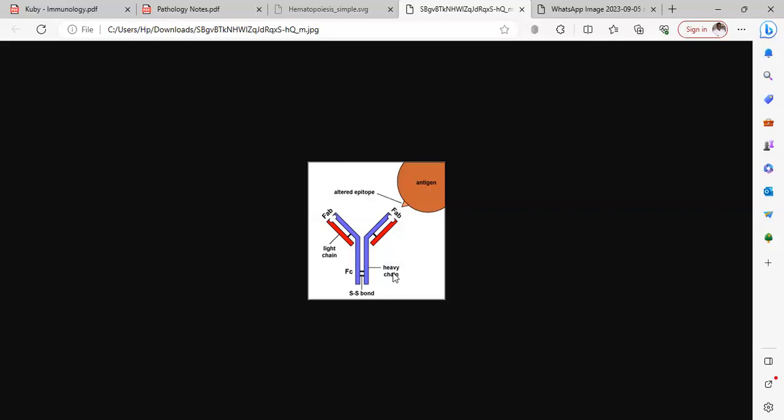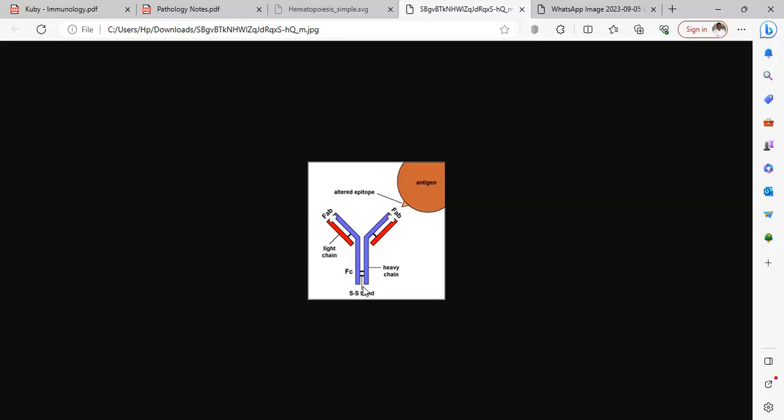In the case of an allergic reaction, this Fc portion will bind to a mast cell. So that's the primary response. In the primary response, we won't see the manifestation of an allergic reaction. This patient won't start having difficulty breathing and all that.